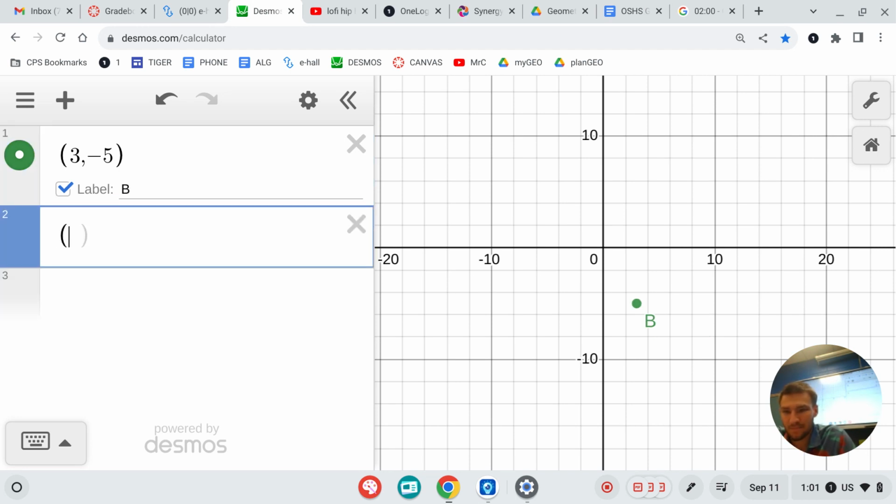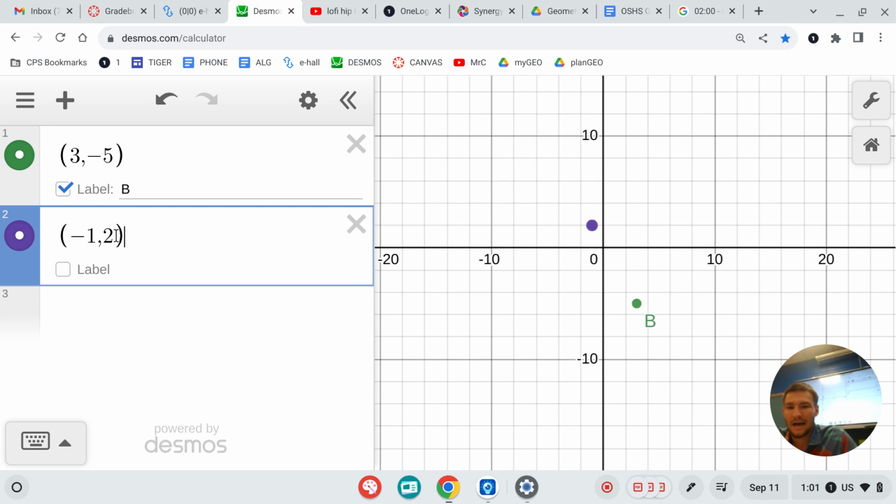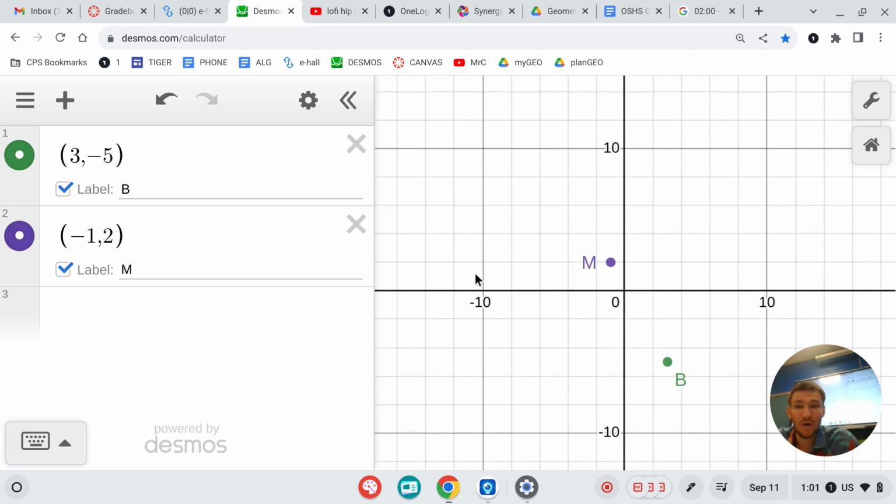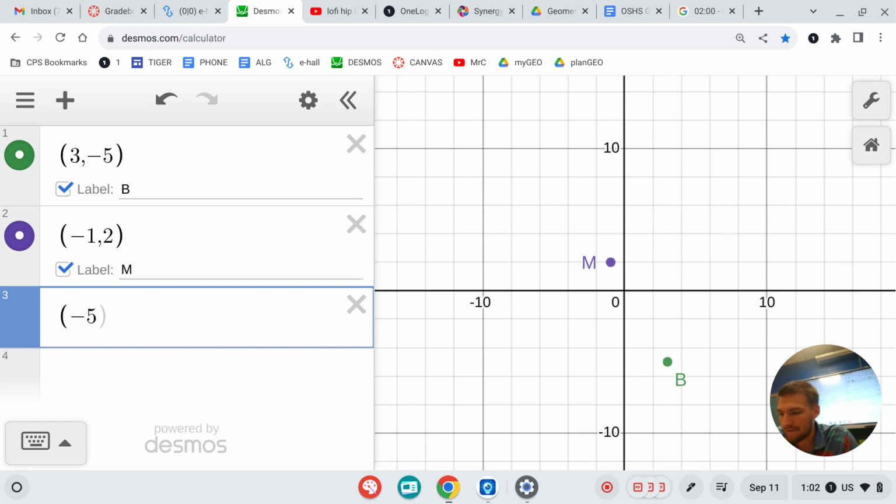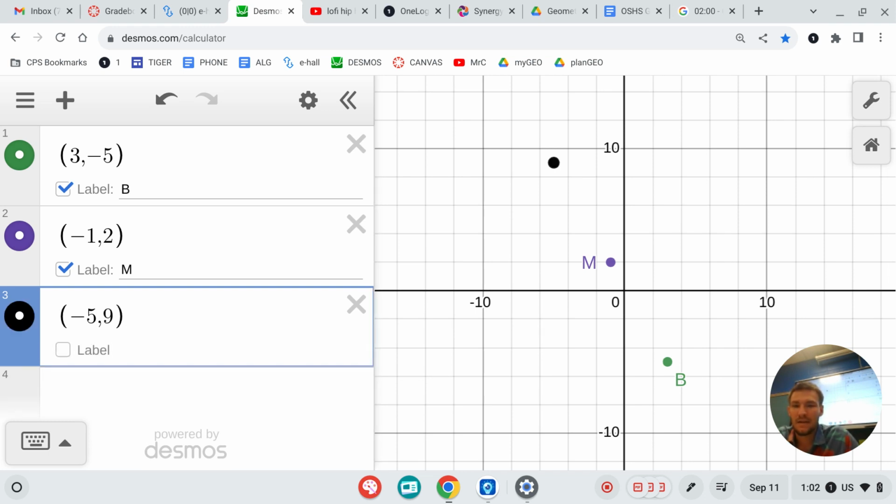I know that this point, -1, comma 2, is point M. That's the midpoint. So our point that we found should make a nice line here with M right in the middle. The point that we found was -5, comma 9. That point should be A.